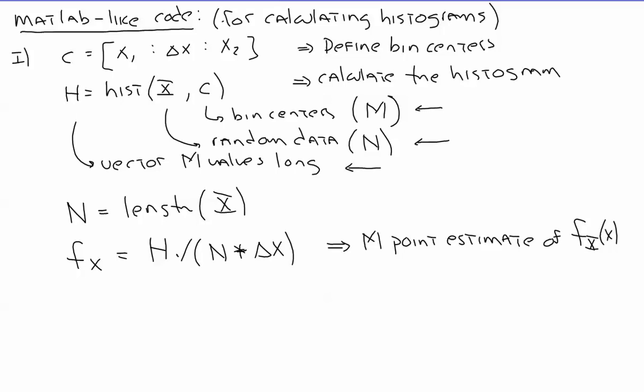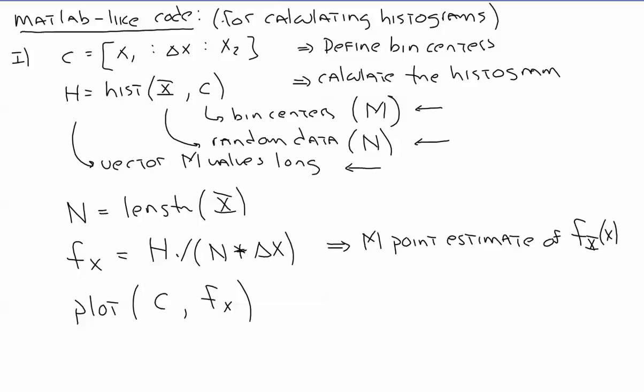And then you can plot it if you want. Plot C, F sub X. So C is an M point vector. F sub X is an M point vector. Plot that and you'll get your PDF estimate, or a plot of your PDF estimate.